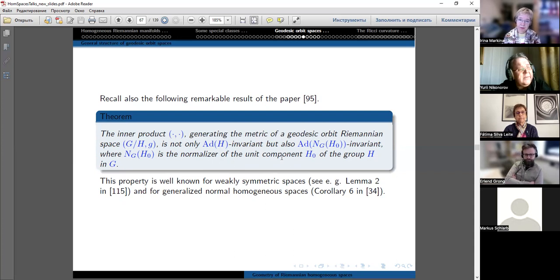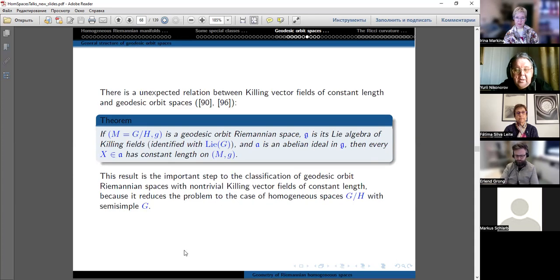This means that if we have a geodesic orbit space, then it should have more symmetries than a usual homogeneous space. It should. Okay.